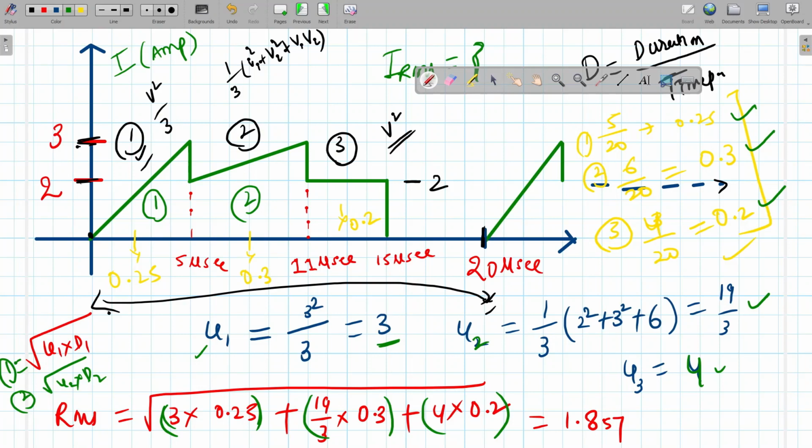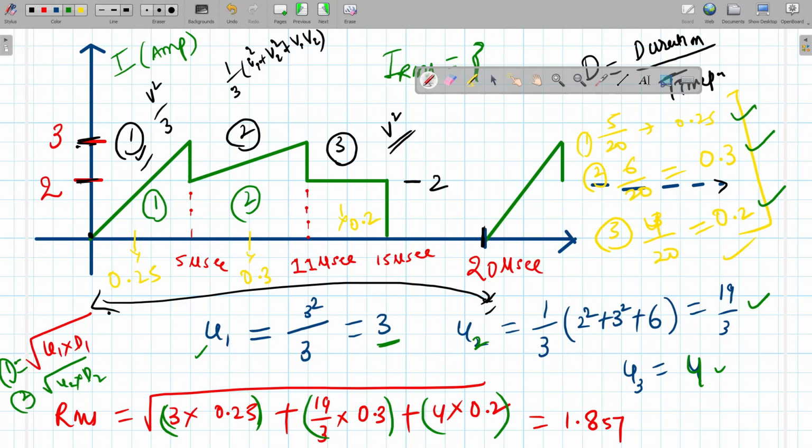Everyone is getting this answer? Sir, I have already calculated under root U1 D1, then I have separately calculated them. You can try once. Let me calculate again. First, I will calculate without the under root. What will be the value? 3 into 0.25 plus 19 by 3 into 0.3 plus 4 into 0.2.